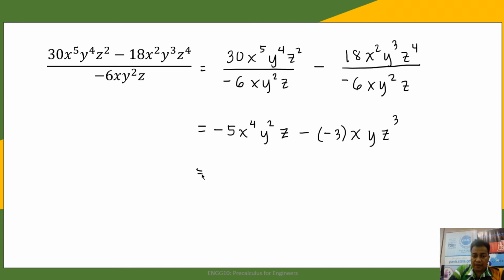Simplifying further, we have negative 5x raised to 4 y squared z. This is minus and then negative, so it becomes positive 3xyz cubed. So this is now the quotient of the polynomials: negative 5x raised to 4 y squared z plus 3xyz cubed.